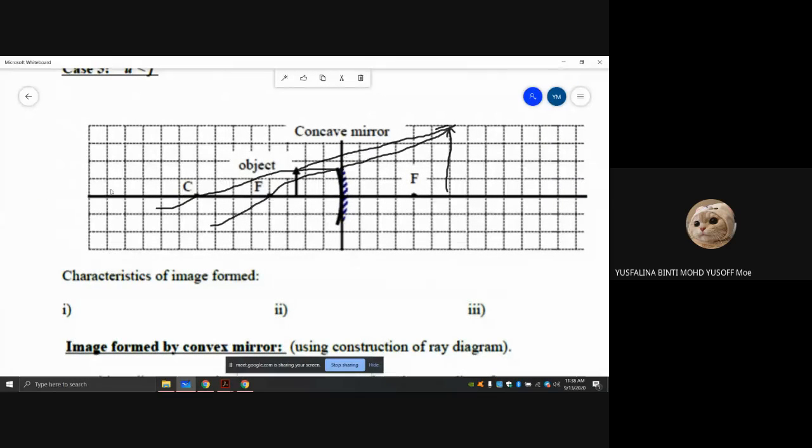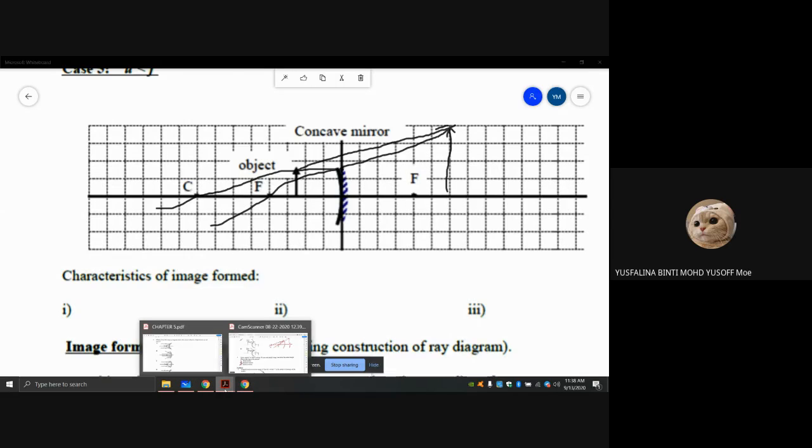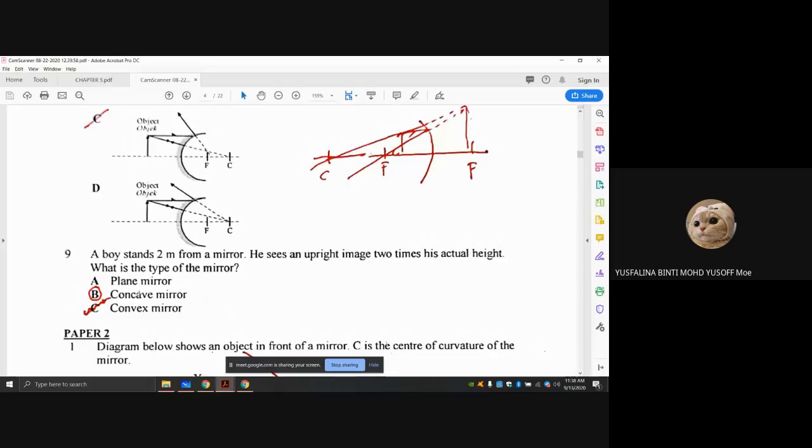So you can see this is the concave mirror, and the image here is twice the object here. So the answer should be concave mirror. For a convex mirror, I told you there's only one way to draw the ray diagram, and the image will always be smaller than the object, wherever the object is.